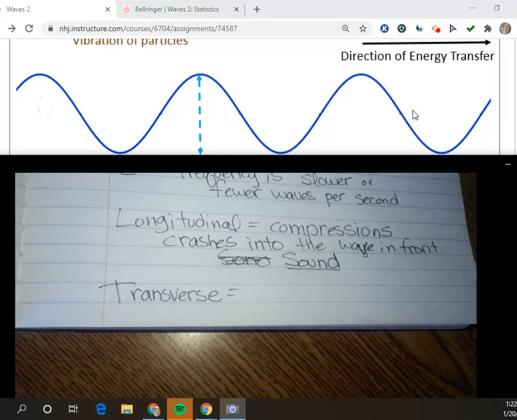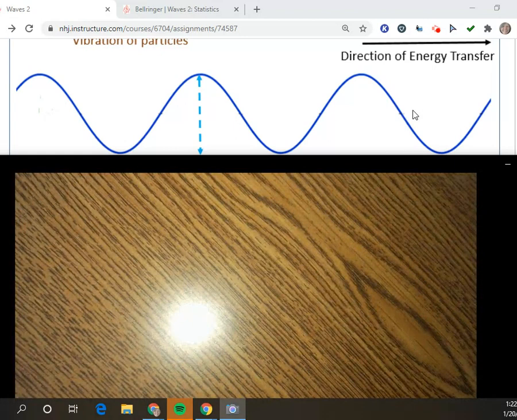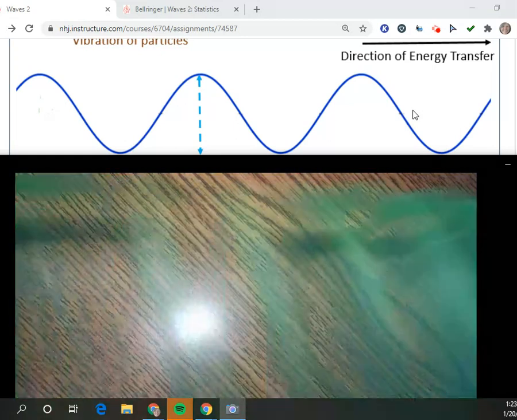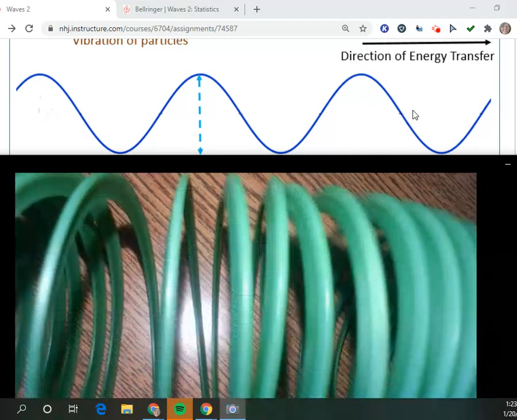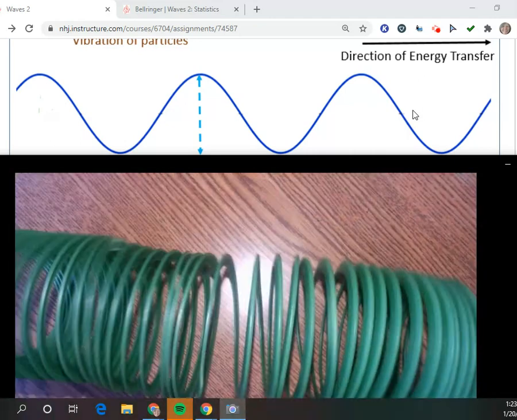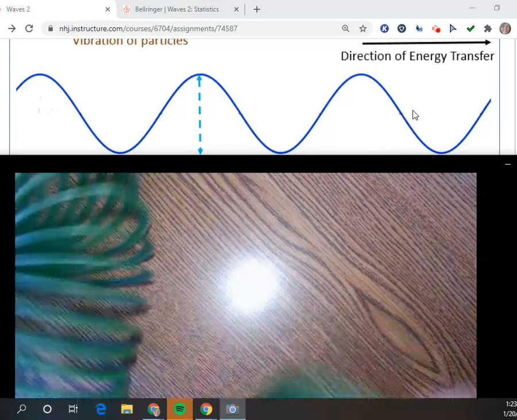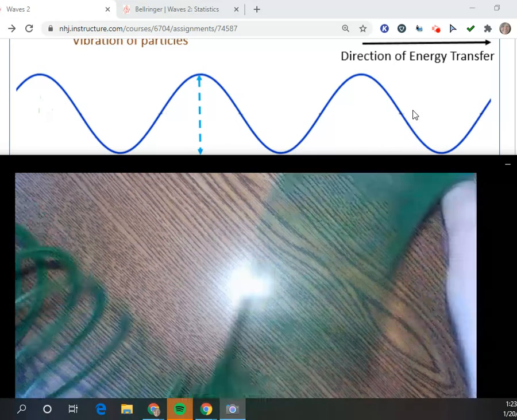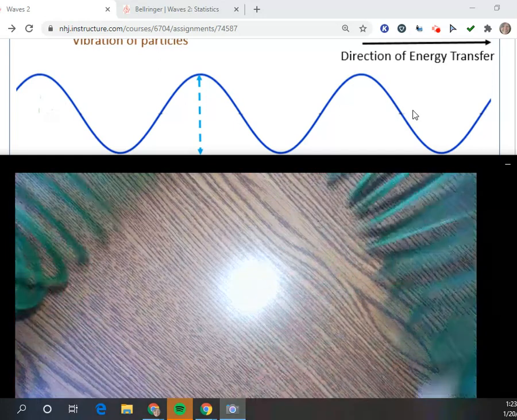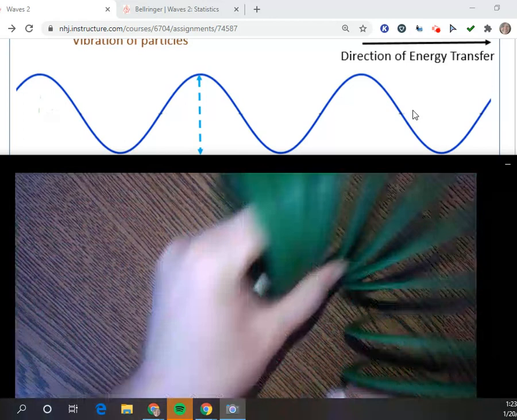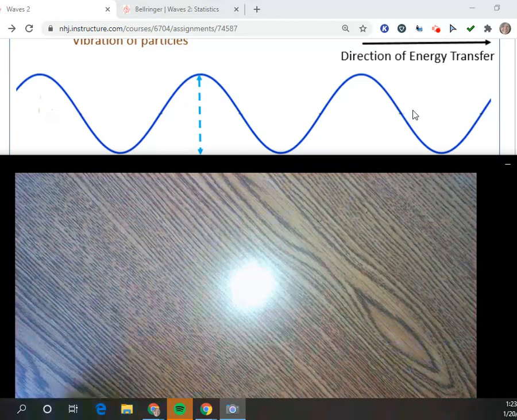So let's look at that with the slinky, our tool. We still have material, but if this is compressional, this is longitudinal, then our transverse wave actually moves like this. So that material is actually moving in a wave pattern.